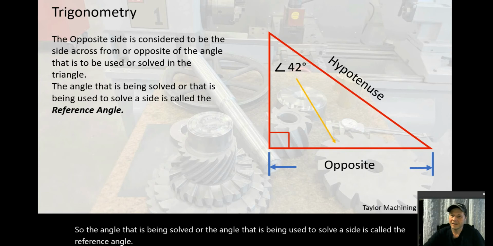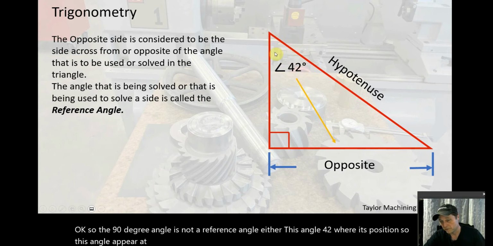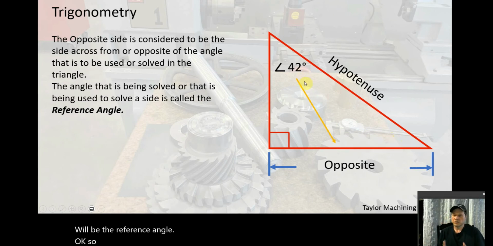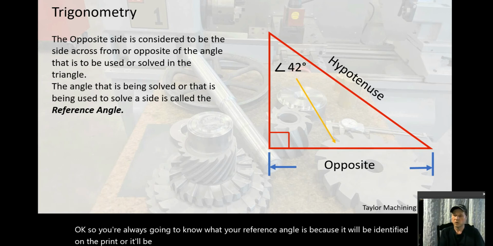Okay, so the 90-degree angle is not our reference angle. Either this angle 42, where it's positioned, so this angle up here at the top will be the reference angle, or this angle at the bottom will be the reference angle. Okay, so you're always going to know what your reference angle is because it will be identified on the print, or it'll be the answer to your question, right?